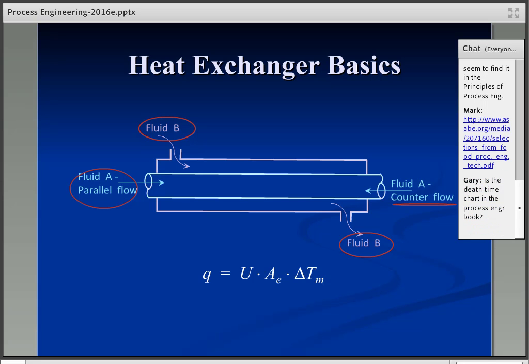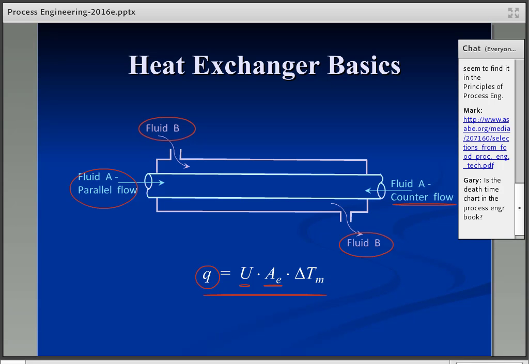And this equation down here shows the basic analysis of the problem. The overall heat transfer, Q, in a heat exchanger like that can be calculated as U, the overall heat transfer coefficient, multiplied by the effective area, the area of the exchanger where the two fluids are touching both sides of the exchanger.